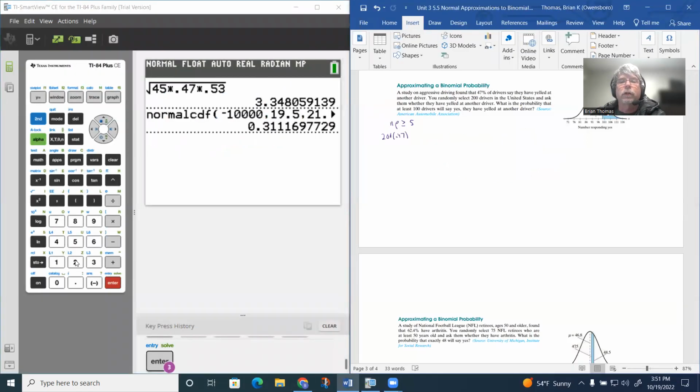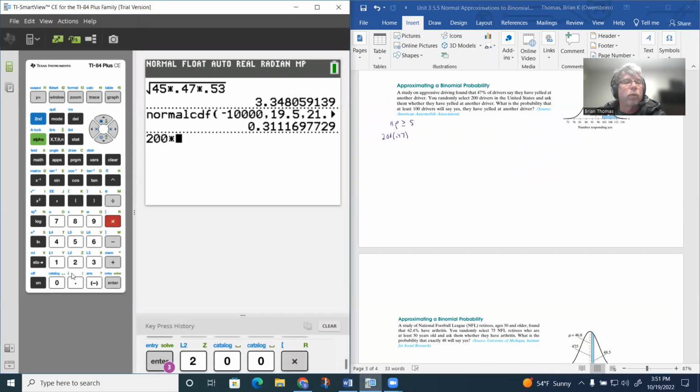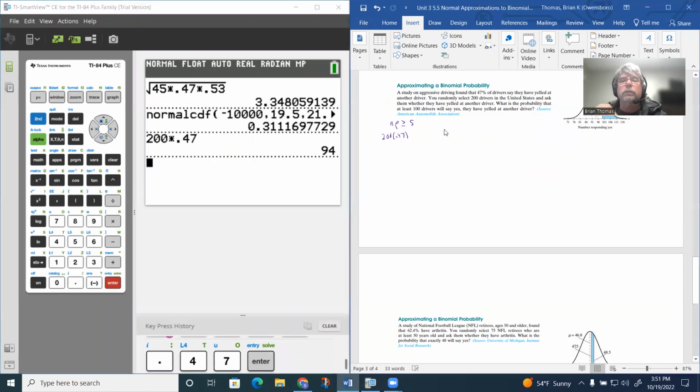So I have 200 times 0.47. That's going to give me 94. So that's my mean, 94 actually. So that's definitely greater than 5. And then if we do 200 times 0.53, that's n times q, which needs to be greater than or equal to 5.